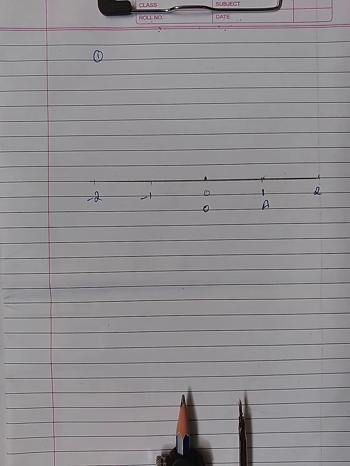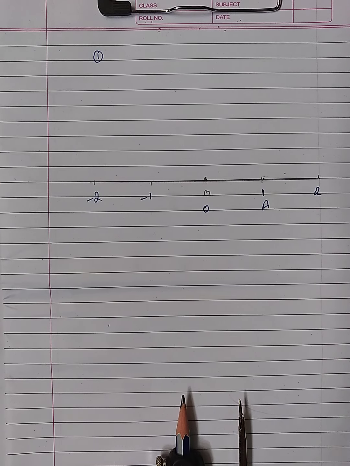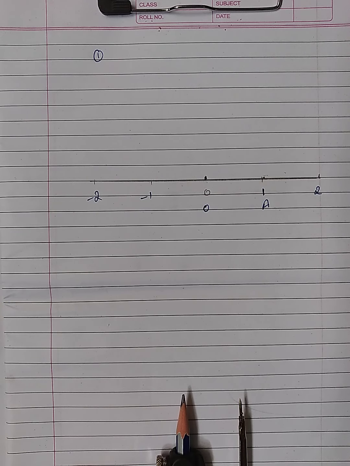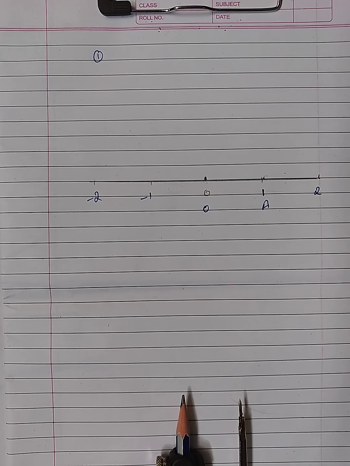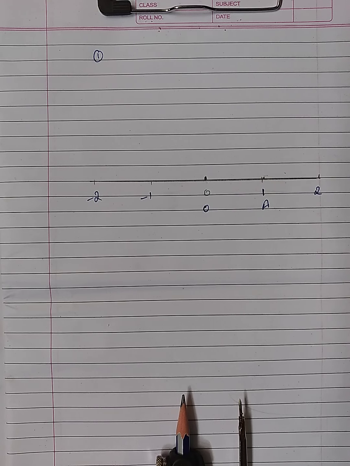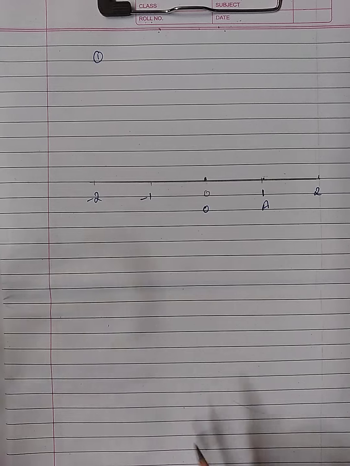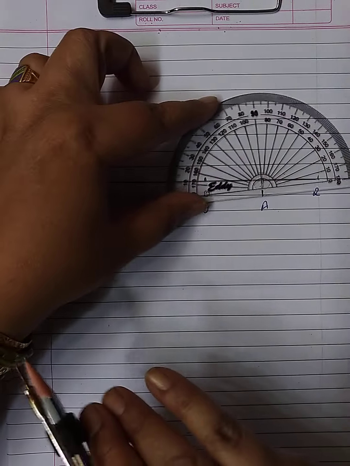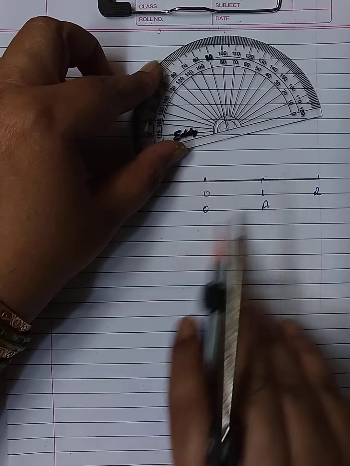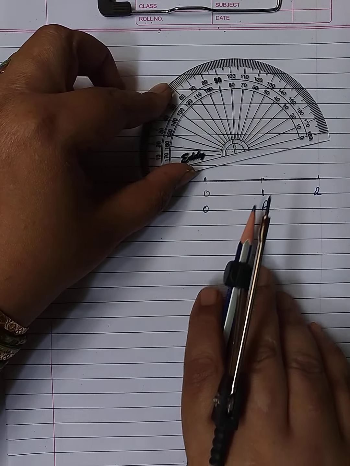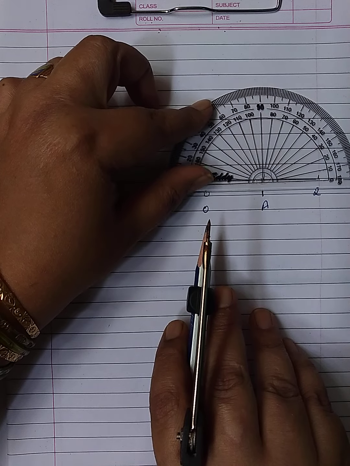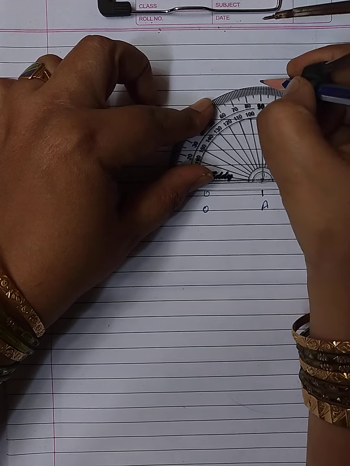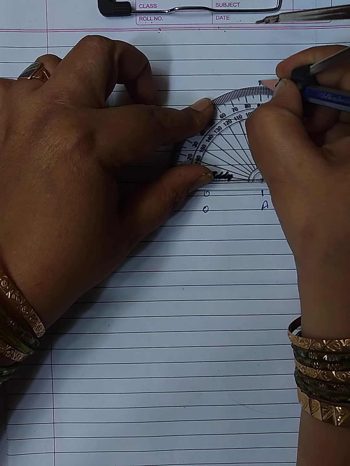Now what you have to do is, you have to use a protractor here, and taking the protractor on O, on A, you draw a perpendicular line.